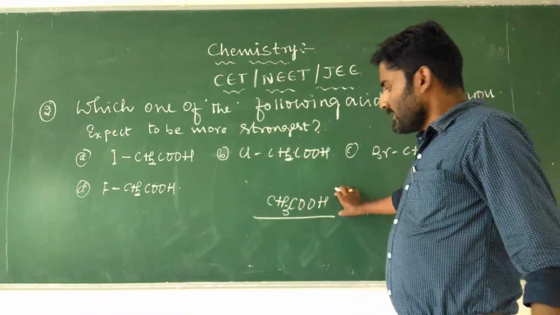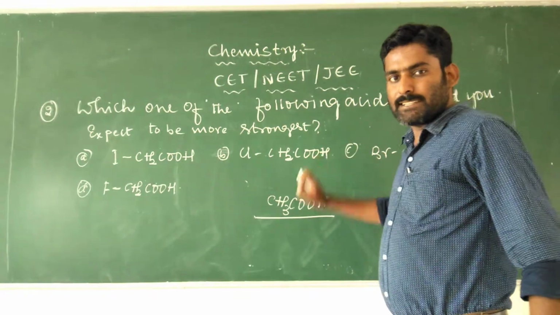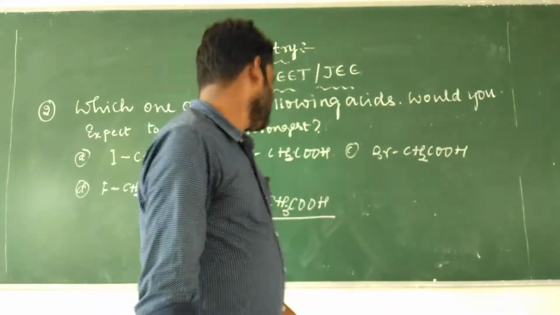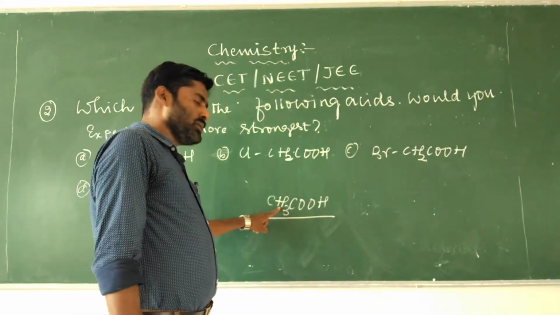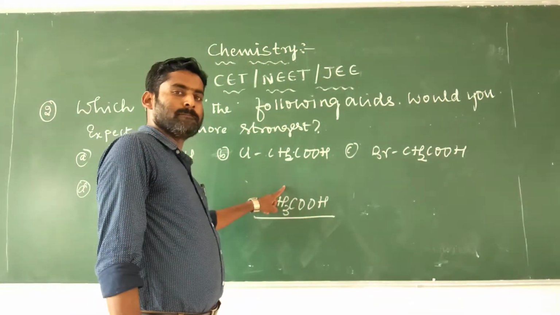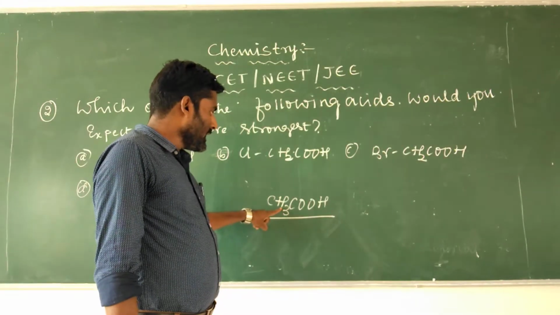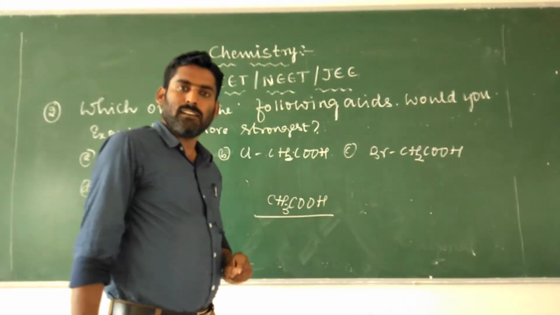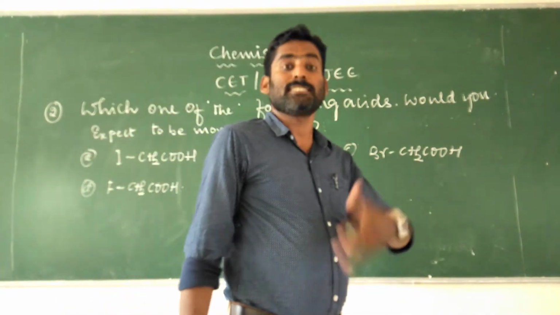Acetic acid is considered as a weak acid. But whenever the hydrogen atoms of the CH3 group of acetic acid get replaced by halogen atoms, the acidity increases.